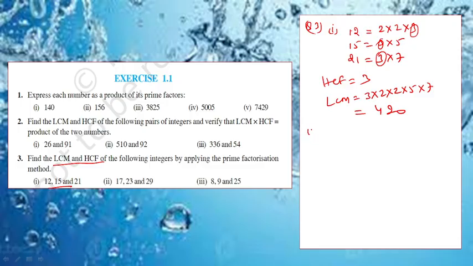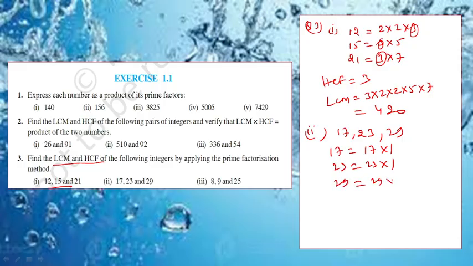Okay, second one: 17, 23 and 29. In this case all are already prime numbers. So 17 is 17 into 1, 23 is 23 into 1, 29 is 29 into 1, so HCF will be equal to 1.